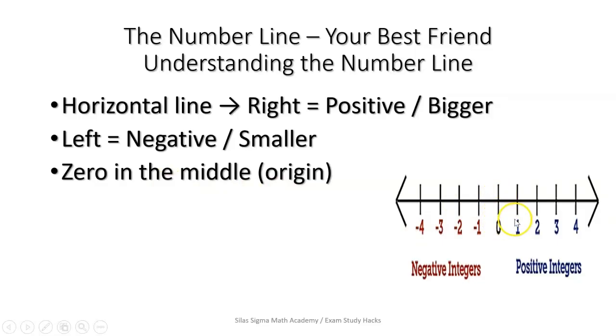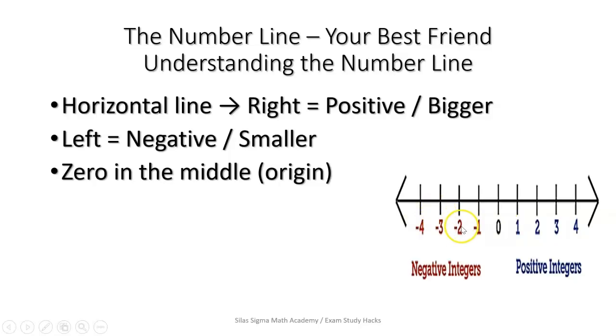So all the numbers coming after 0 to the right are bigger than 0, and they are all bigger than the negative numbers. And all the numbers approaching 0 from the left hand side are less than 0. Negative 1 is less than 0, negative 2 is less than 0, negative 4 is less than 0, and negative 4 is less than negative 3.